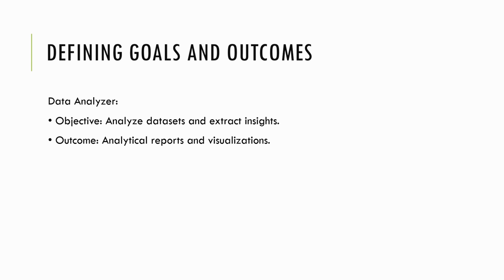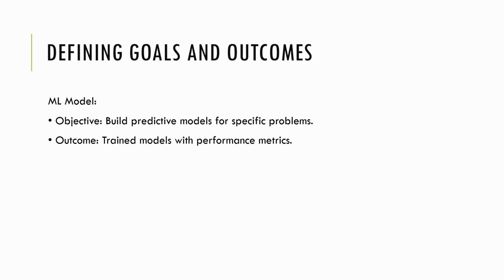The outcome would be comprehensive analytical reports and compelling visualizations of the data. For those selecting an ML model, the objective is to build a predictive model for a specific problem domain, such as classification or regression. The outcome would be trained models with performance metrics that demonstrate the effectiveness of the model.